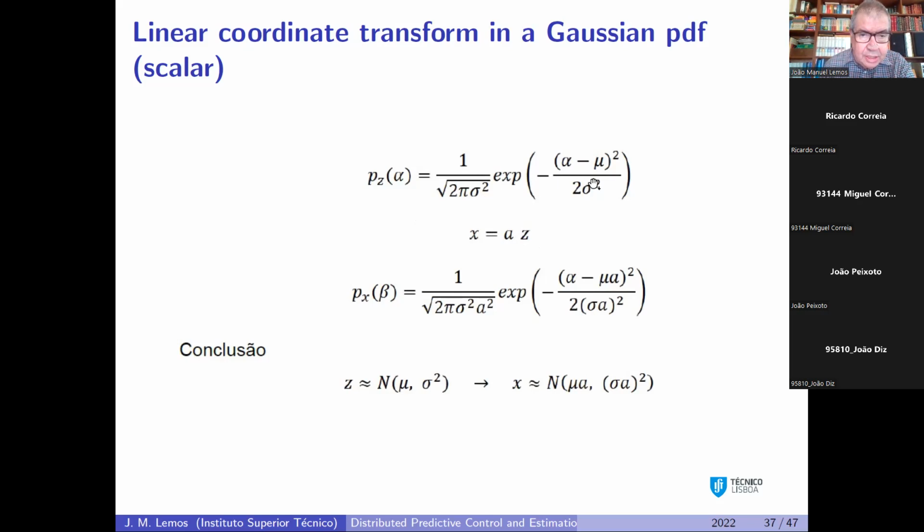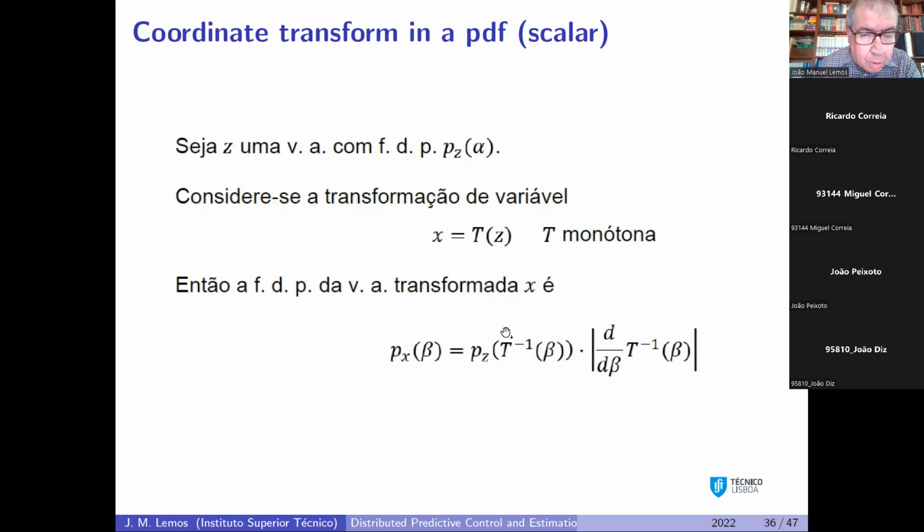If z is Gaussian, that's a special case, I'm going there. If x is a transform of z such that it is monotonous, that is to say, suppose that z is scalar, then this function t always grows or keeps the same, but never decreases.